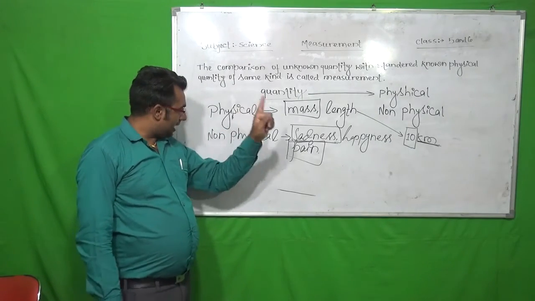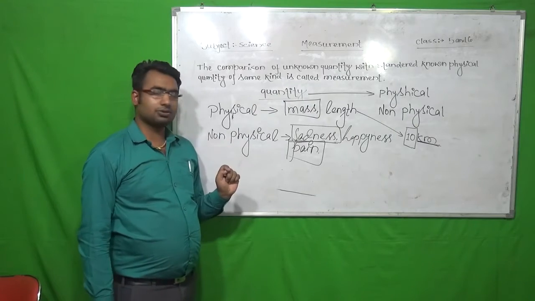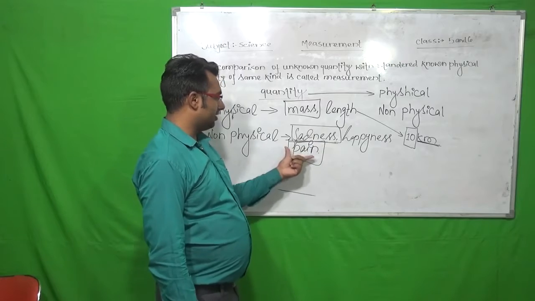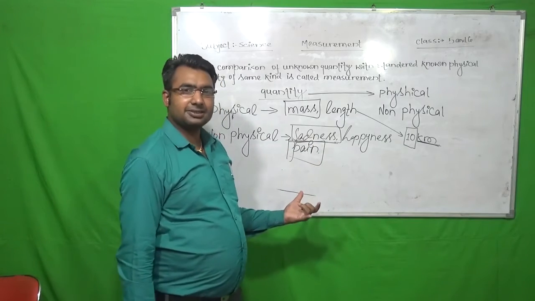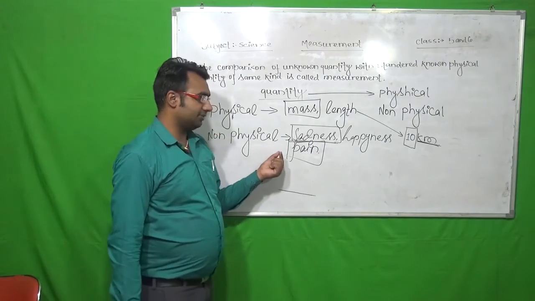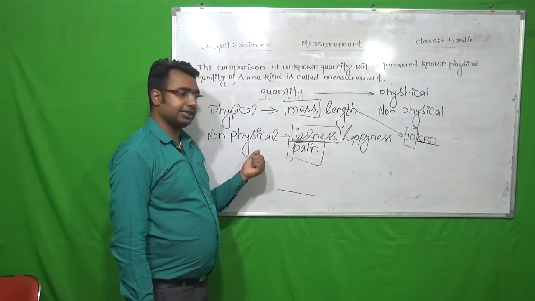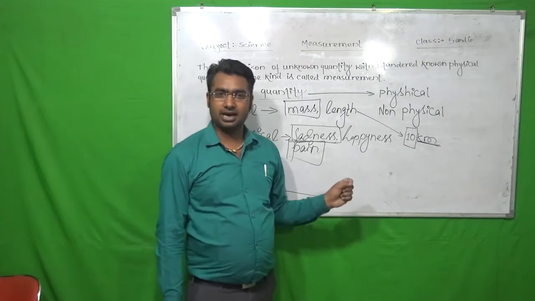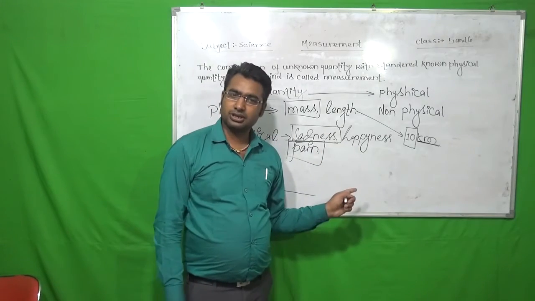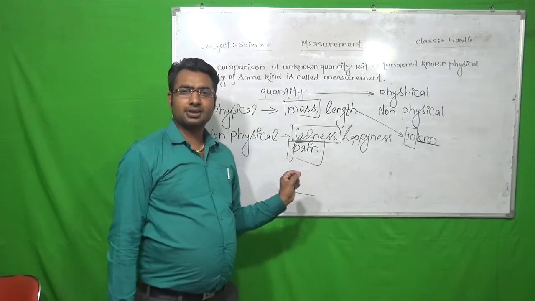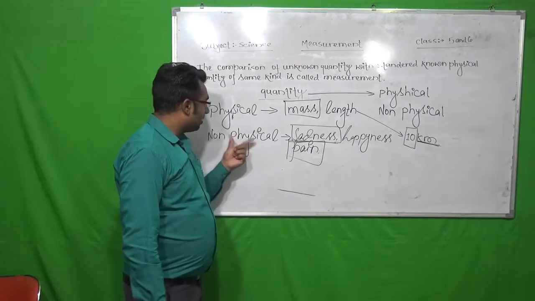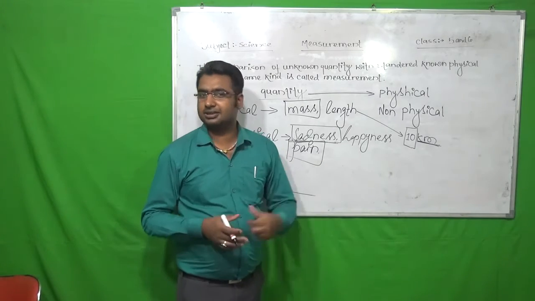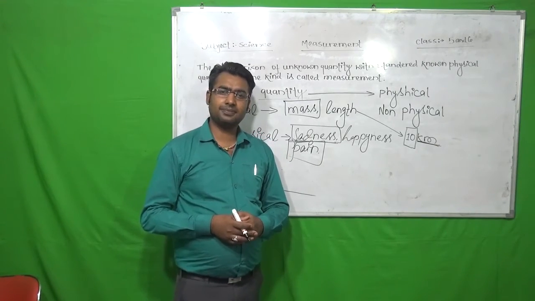And the second one is non-physical quantity, as you have seen in the examples: sadness, happiness, pain, anger, like this. These types of quantity cannot be measured by using any type of device or instrument. Non-physical quantities do not have any special formula to calculate them.